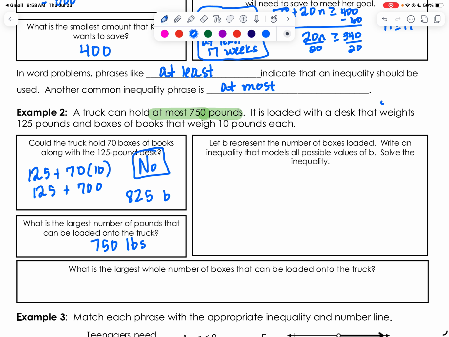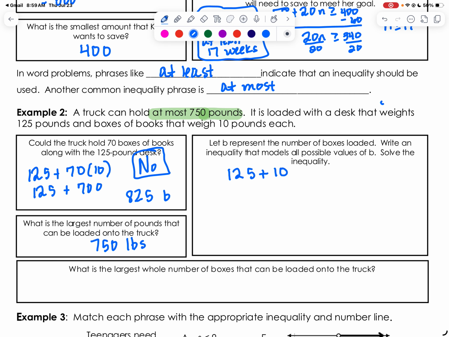All right. In our next problem, it says, let B represent the number of boxes loaded. Write and solve an inequality that models all possible values of B. So we know the truck has 125 pounds, plus we're going to load boxes that weigh 10 pounds each.